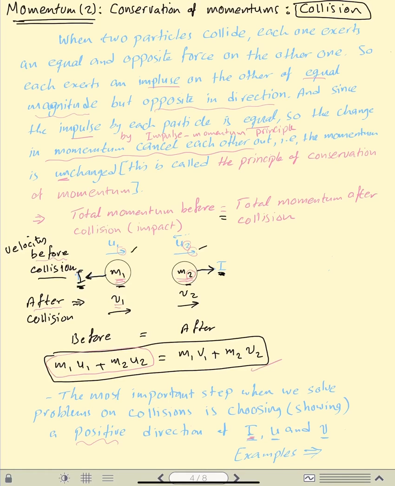V1 is the velocity of the first particle after collision, and V2 is the velocity of the second. So in simple way, total momentum is M1 times U1 plus the momentum of the second particle, M2 U2, which is equal to the momentum after the collision, M1 V1 plus M2 V2.